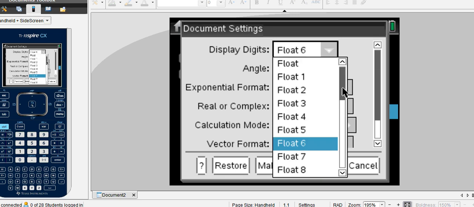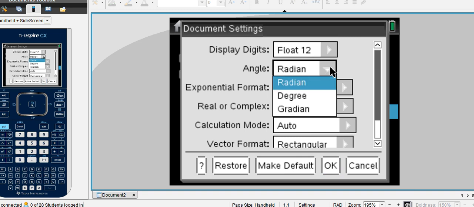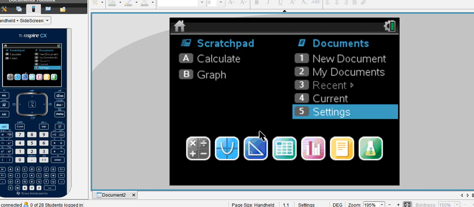And I want the display digits to read float 12 and the angle to read as degree. Now I'm going to click make that default so that it'll apply those settings both to my current document and any future documents that I open up.